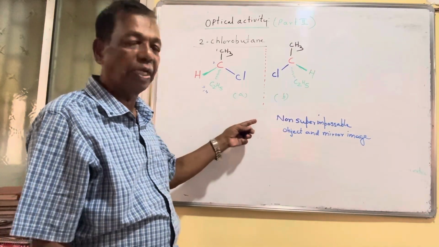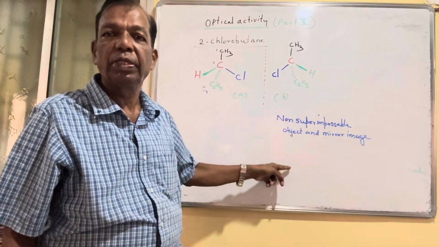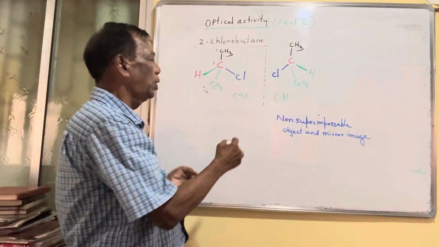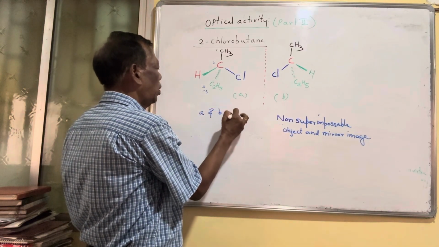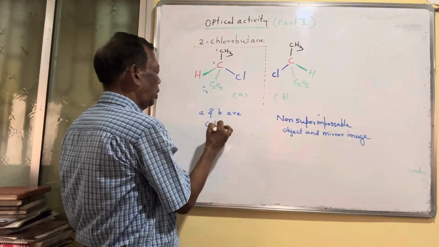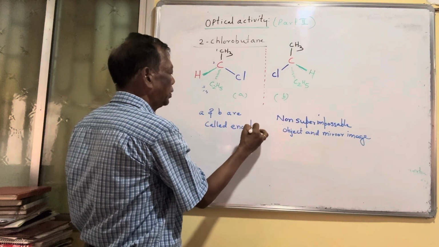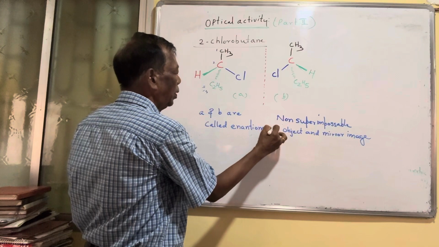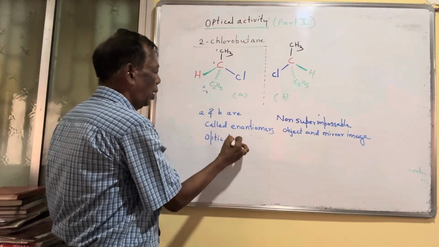We can also call it like this: object is non-superimposable with mirror image. Now A and B are called enantiomers. These are optical isomers. Remember, optical isomers.